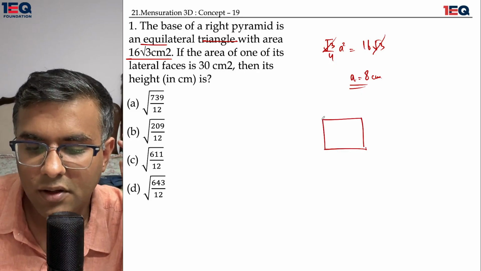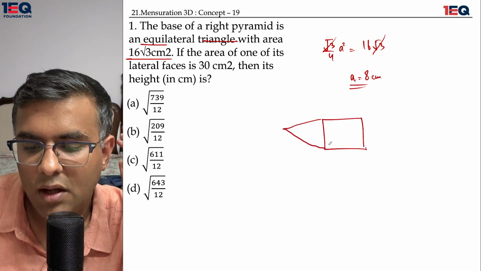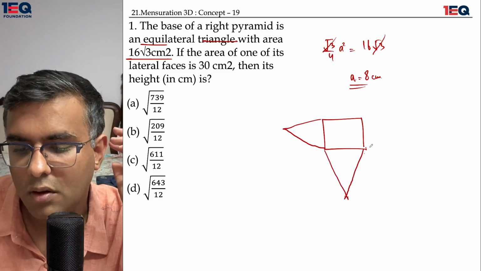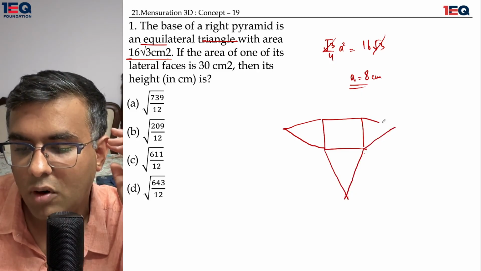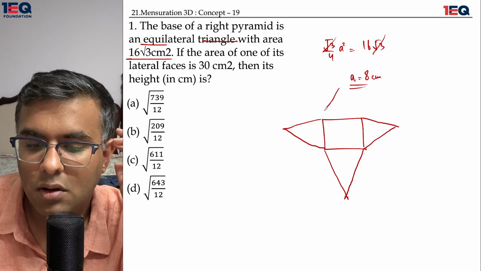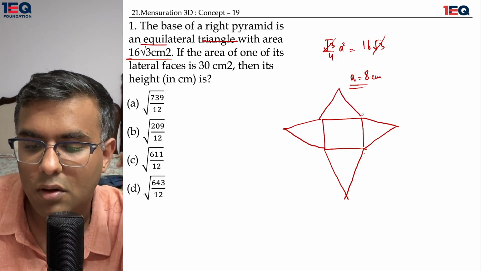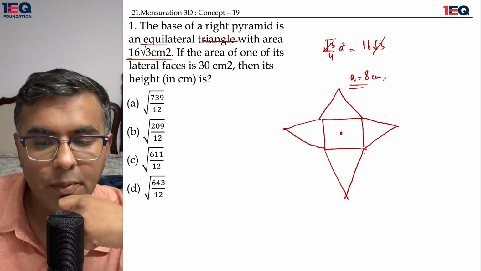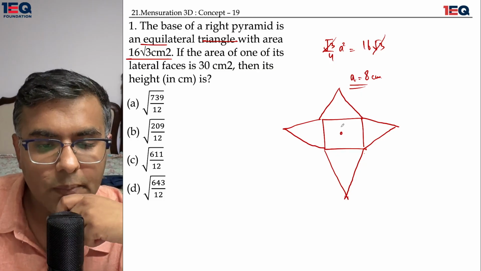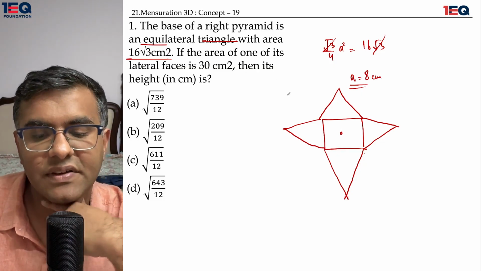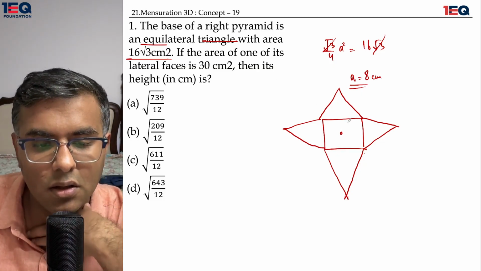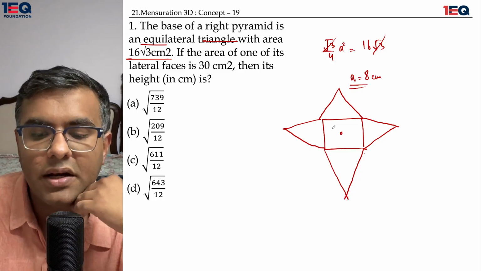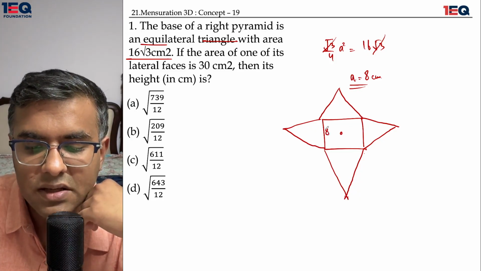Now, if the area of one of its lateral faces, I'll be opening up the pyramid today. So when I open it up, I would open up all its branches outside. So once the branches are all opened up, the area of one of its lateral faces is 30. So I have the base as 8.